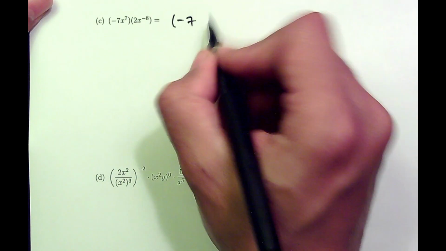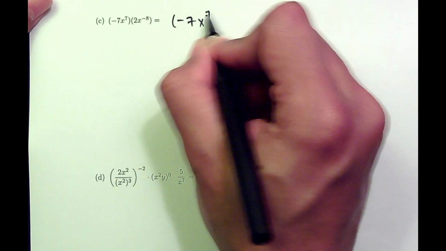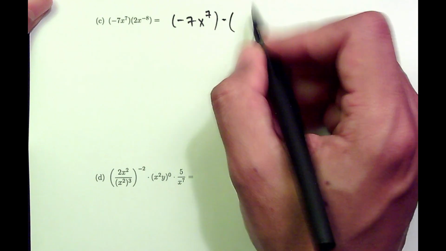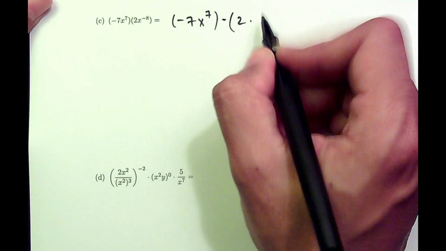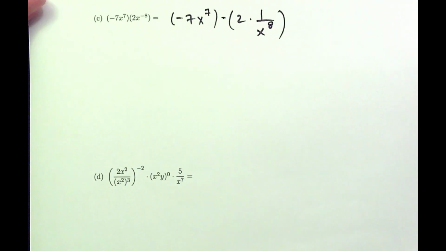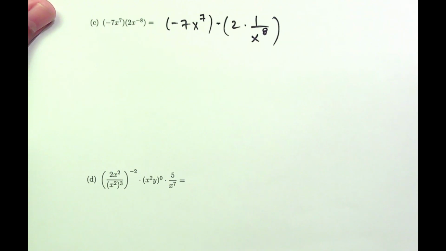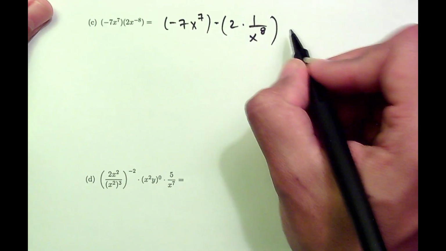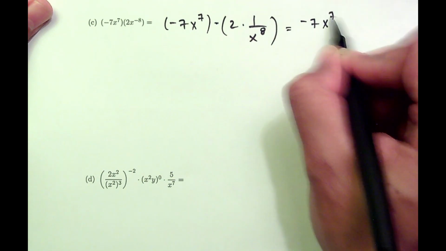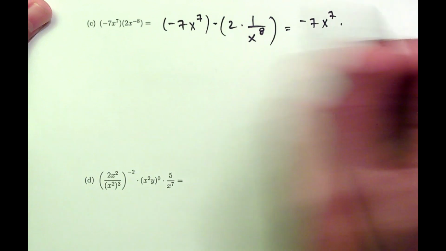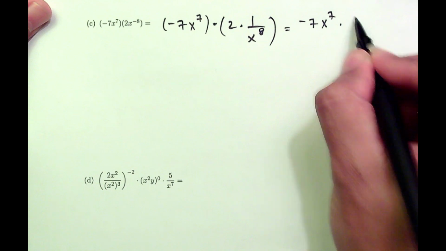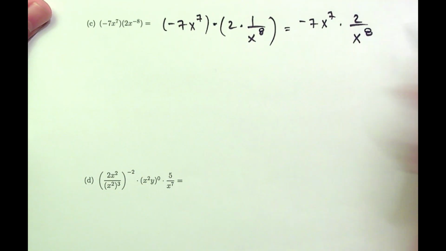Here, there's a little bit of something you could do to simplify. So this is negative 7x to the 7, and I could actually simplify that negative exponent by saying, well, what does a negative exponent mean? That means you flip. So this is 1 over x to the 8. All right, so this is negative 7 x to the 7, and then you can write that as a single fraction, simplifying this parentheses, multiply across that 2 over x to the 8.